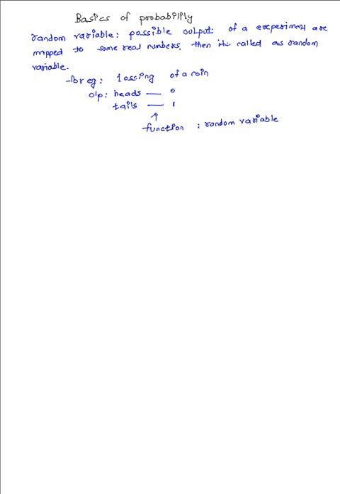So now let us go to the concept of probability mass function. The probability mass function will be developed again from here itself, from tossing the coin. Now we have conducted the experiment.